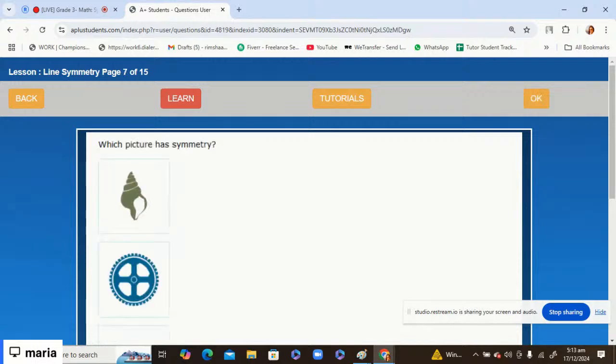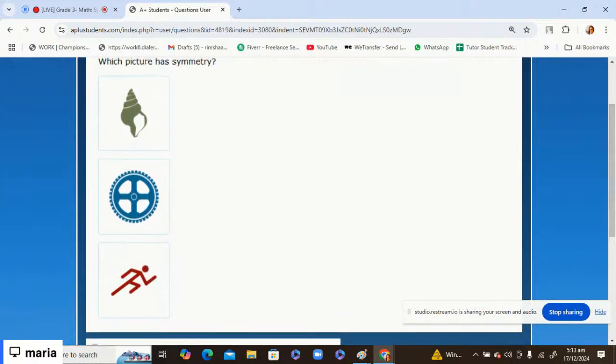Now, which picture has a symmetry? Check it out, all these three, and then tell me the answer.